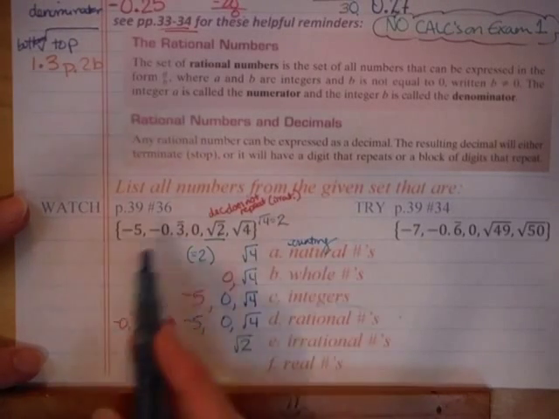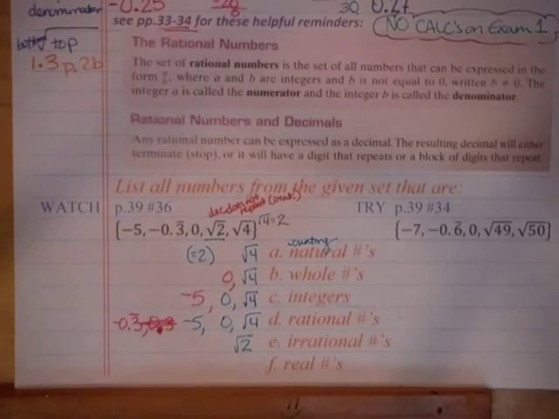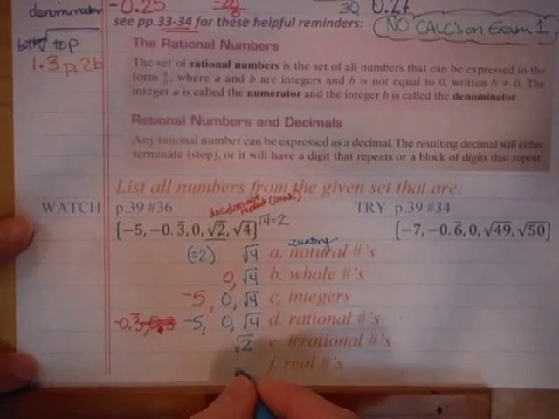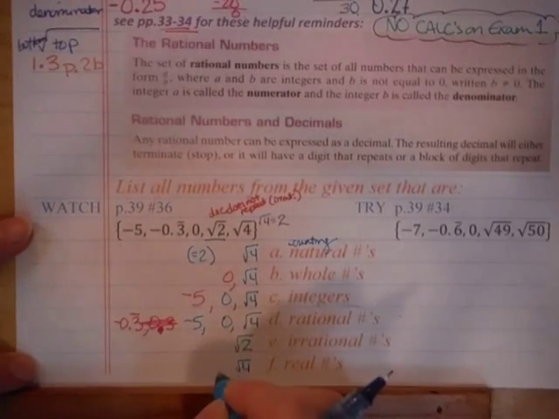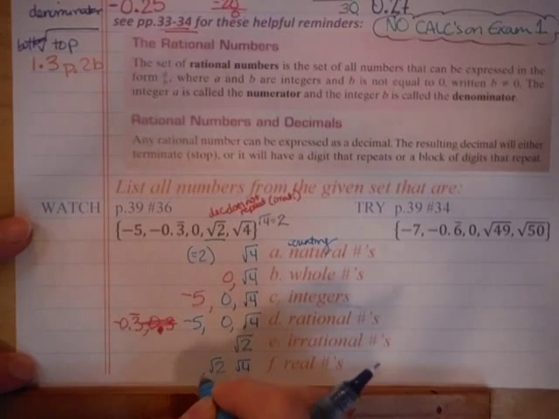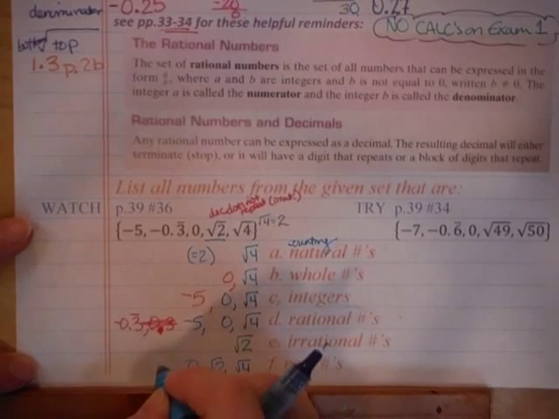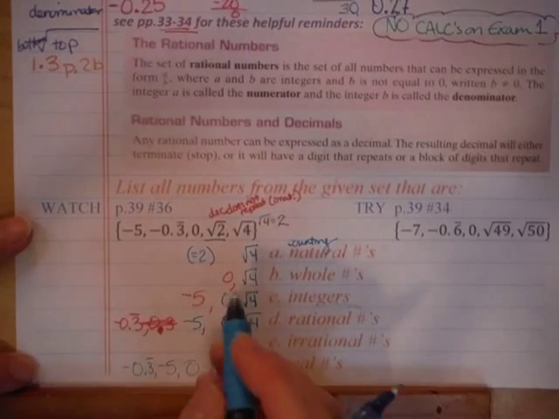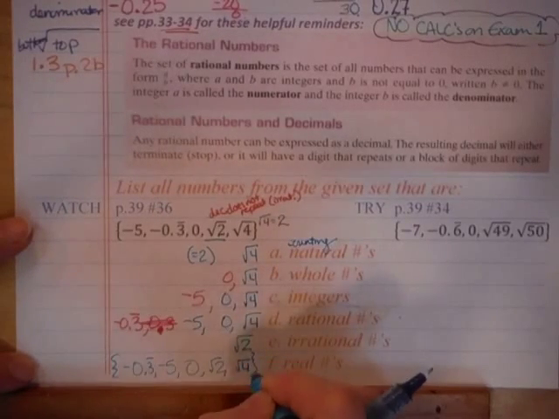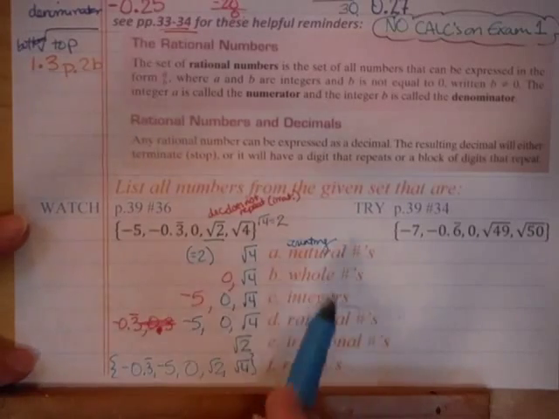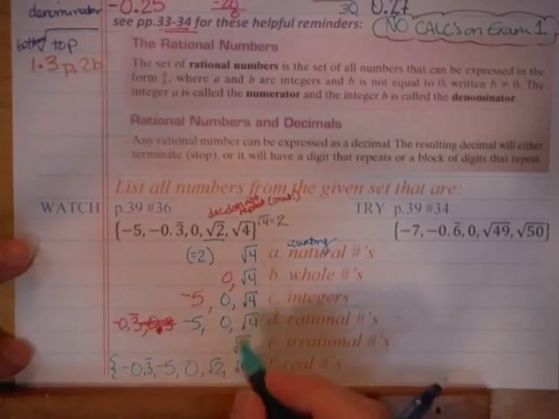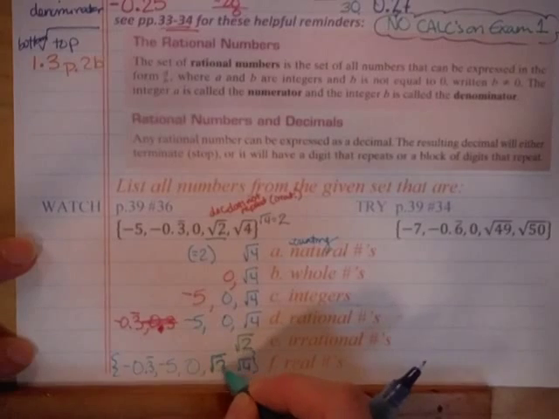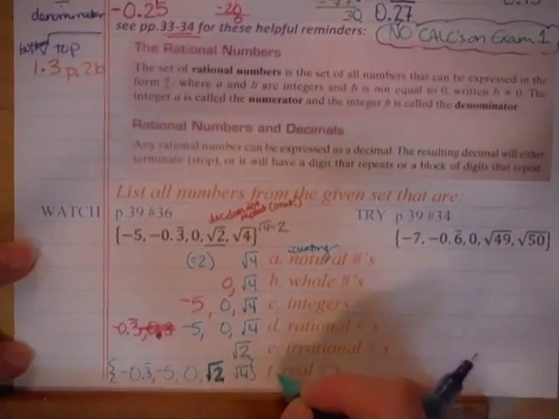So reals is everything we see here. It's going to be our radical 4, our radical 2, our 0, our negative 5, and our negative 0.3 with the bar. So it's this whole set. I probably should have just written it in order like they gave it to us. But the reals are the rationals and the irrationals together.